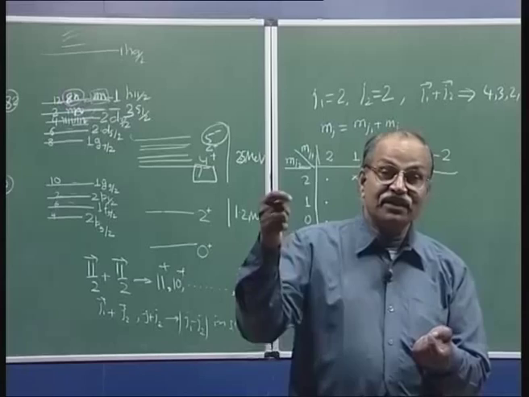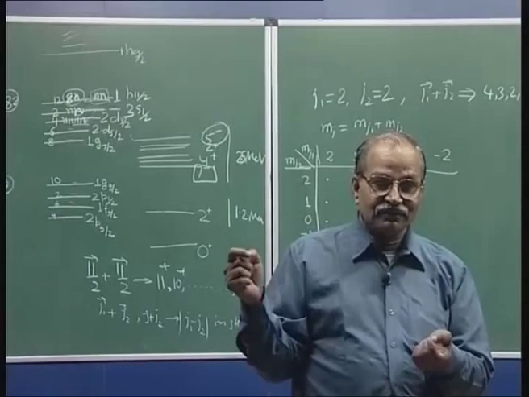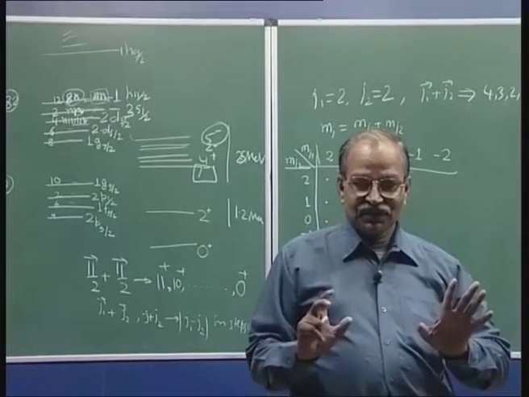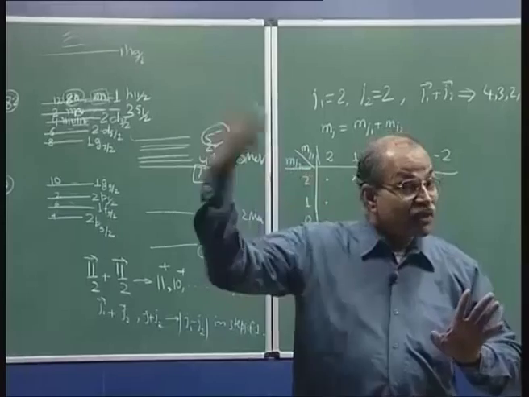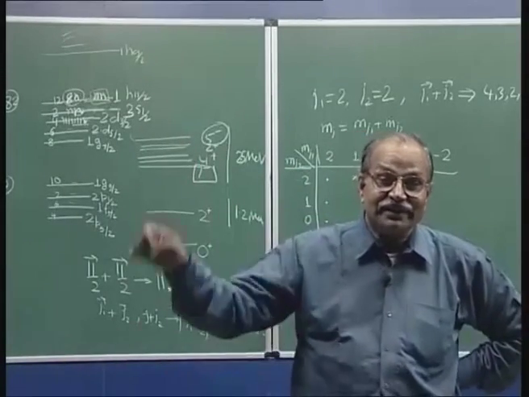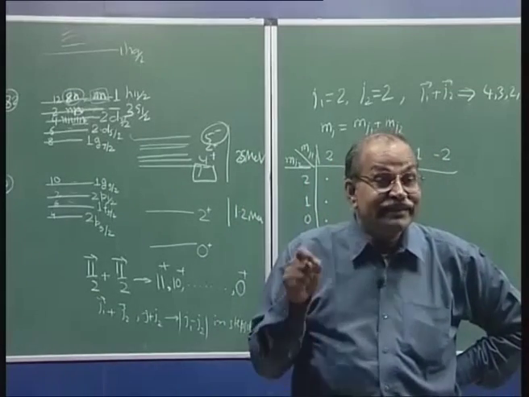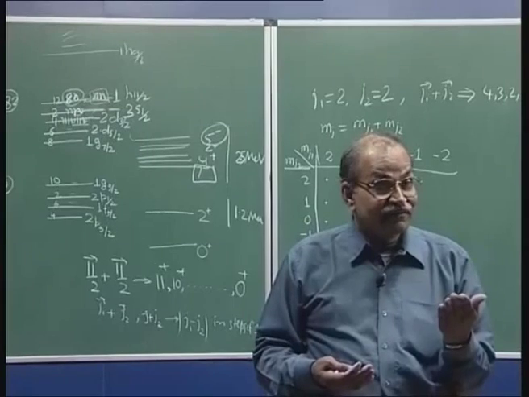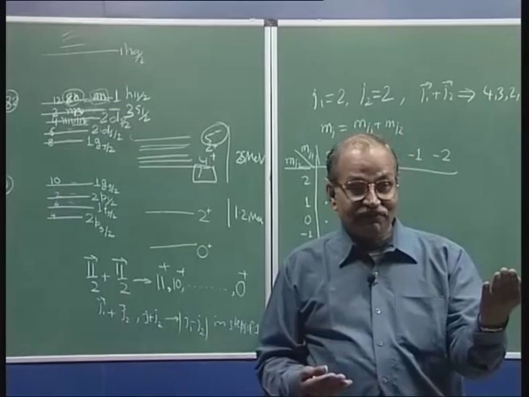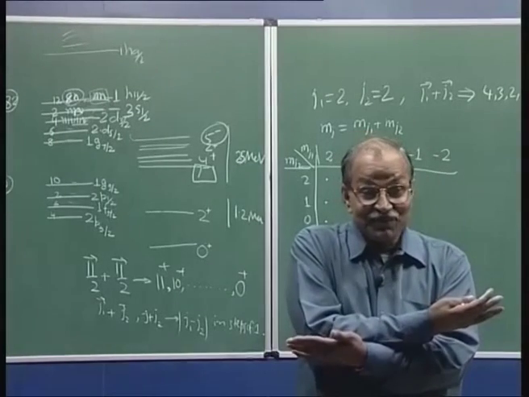So, if mj is equal to say minus 1, both should be minus half, good. If that is plus 1, both should be plus half and plus half, but if that is 0, z component of the total capital S is 0, there are two possibilities. One possibility is this is plus half, this is minus half, or that is minus half, this is plus half, but then we cannot distinguish between them.